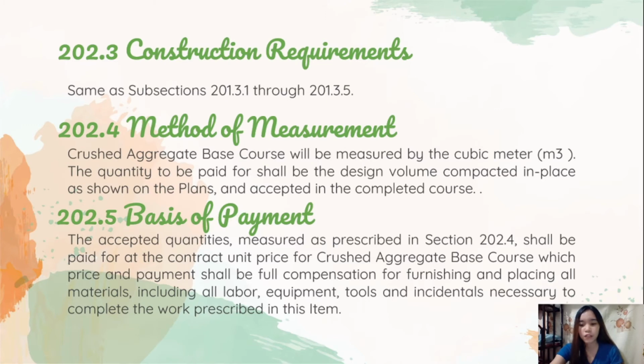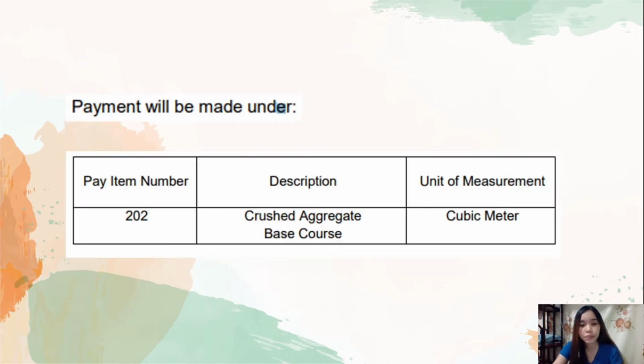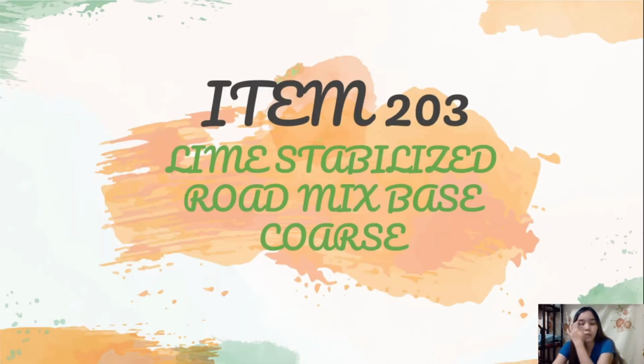So the basis of payment is the same as the base course, the difference is the description, which is crushed aggregate base course, and the unit of measurement is the same, a cubic meter.